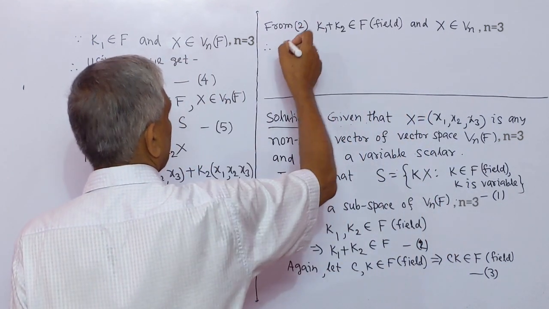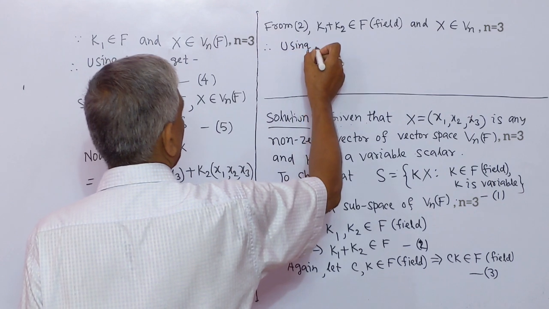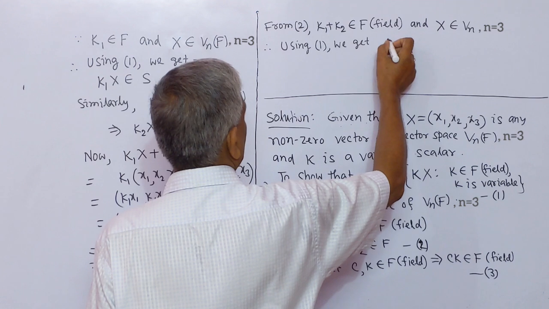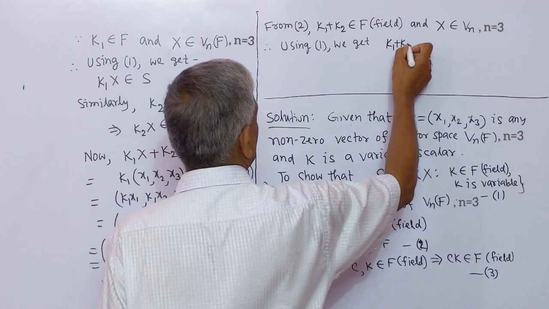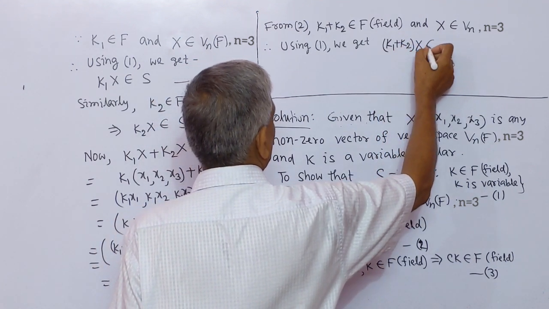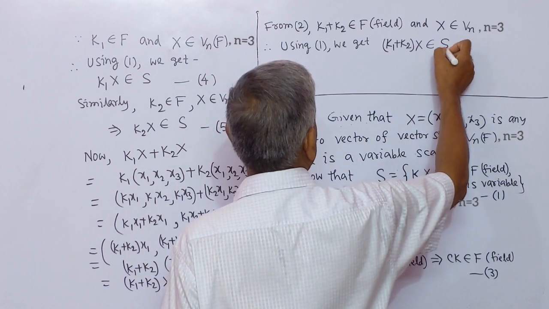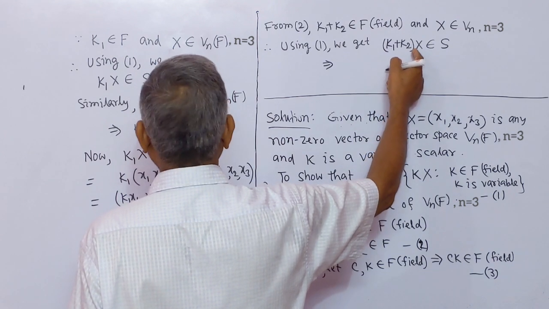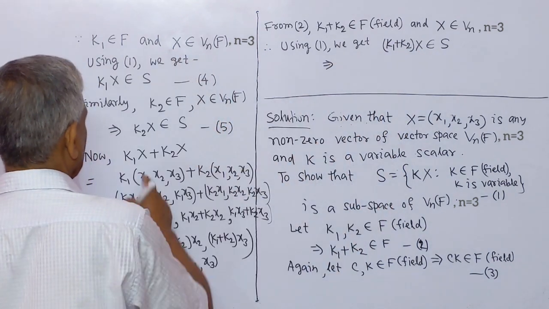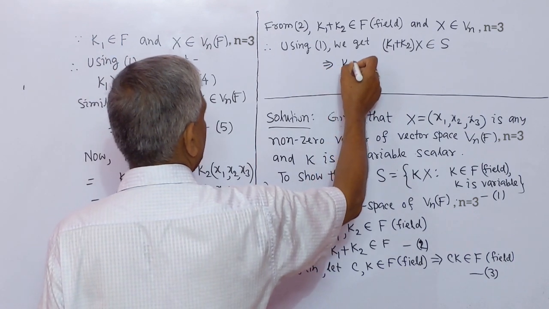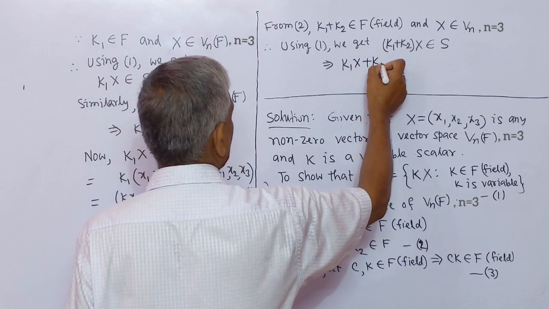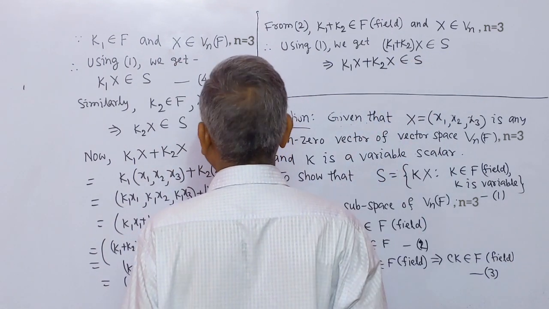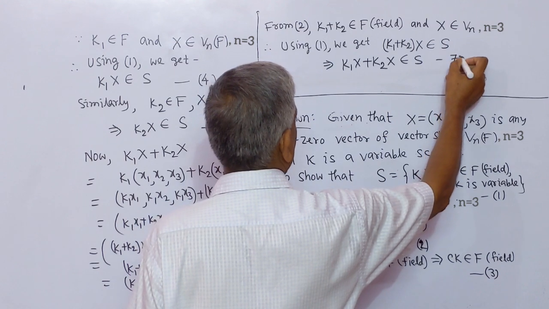Therefore, using 1, we get K1 plus K2 X belongs to S, implies that K1 plus K2 X, here 6, left side K1 X plus K2 X belongs to S. This is number 7.